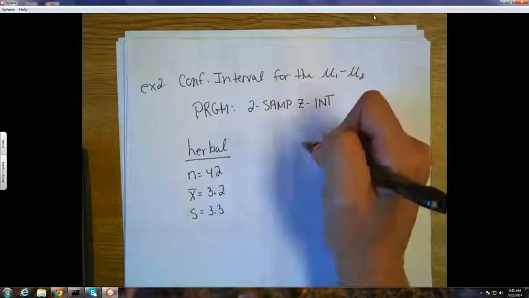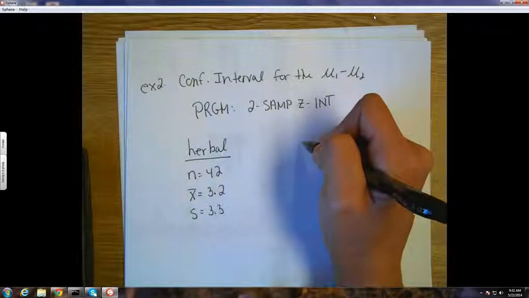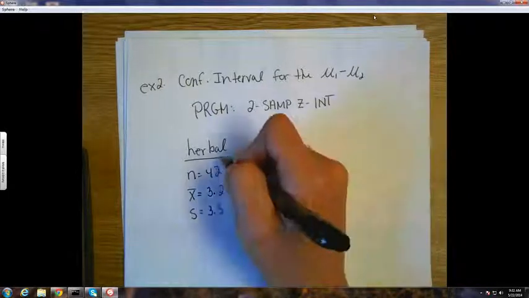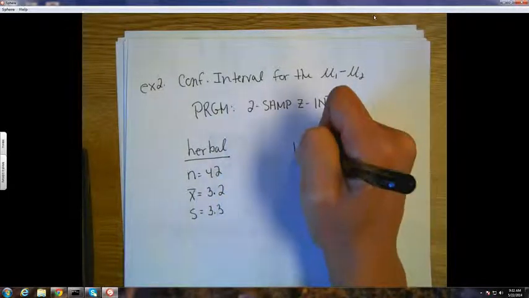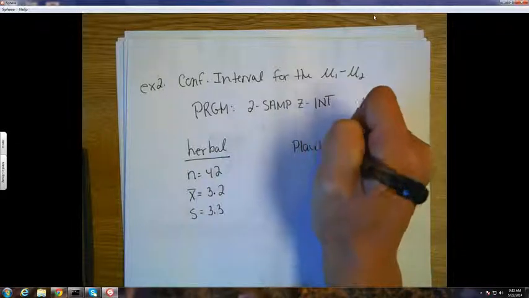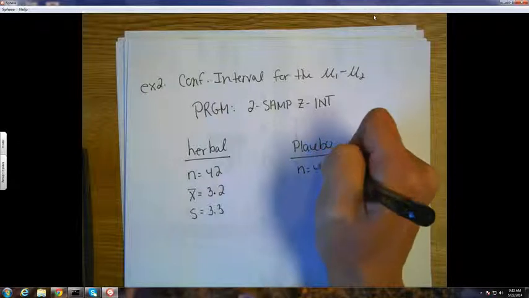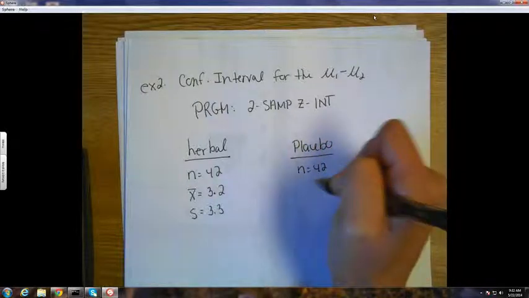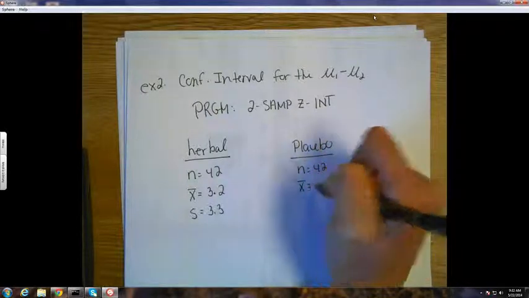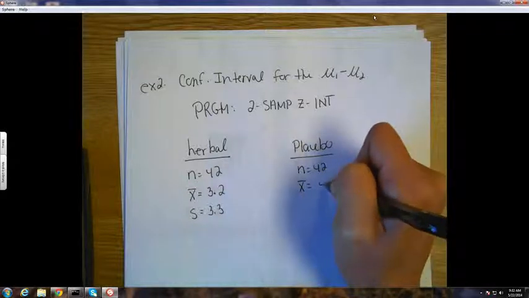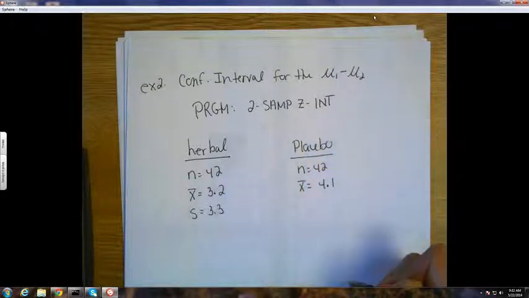The other group still followed the same high fiber, low calorie diet, but did not get this herbal supplement. They got the placebo, the good old placebo. They also had 42 participants. 4.1 was the average weight loss.